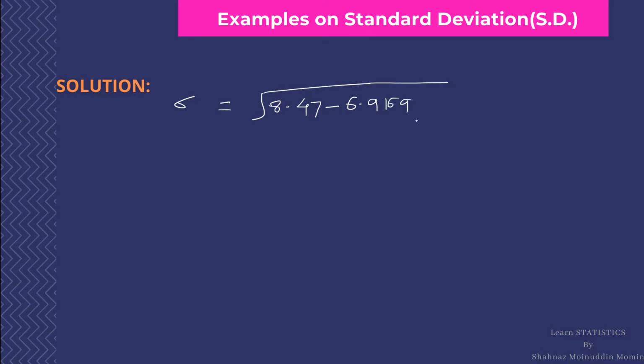Generally we take 4 decimal digits, which is equal to 1.2462. This is the value of standard deviation sigma.